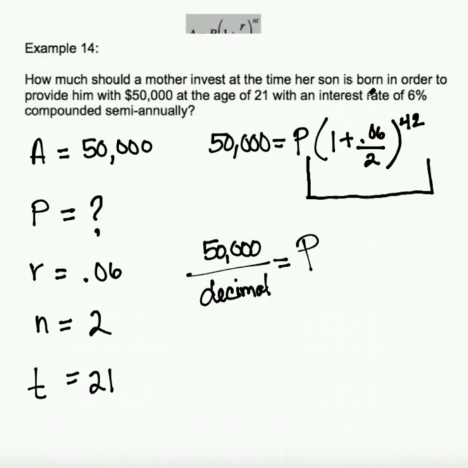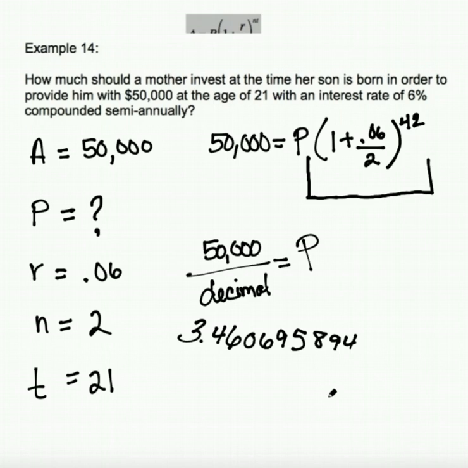So again, take this 1 plus 0.06 divided by 2. I'm going to do that real quick. 1 plus 0.06 divided by 2, and I'm going to raise that to the 42nd power. And that gives me a decimal of 3.460695894.